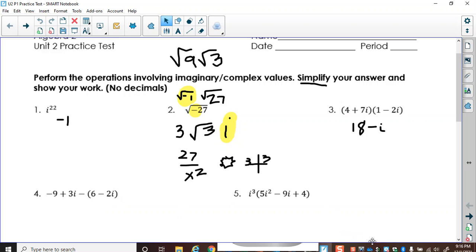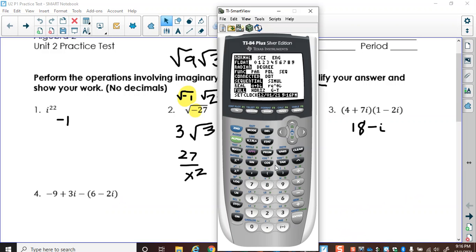So I've got, where'd my calculator go? There it is. Okay, so now I'm going to clear this screen and I'll just type in -9 plus 3, and then to get the i, I'm going to go second decimal, and then minus 6 minus 2i.